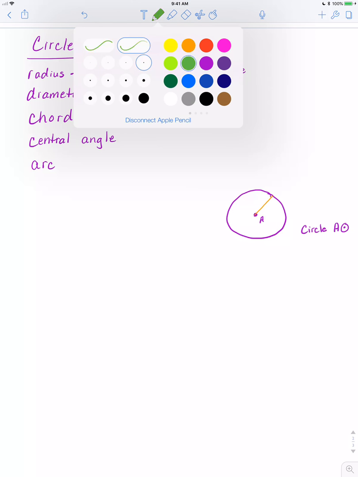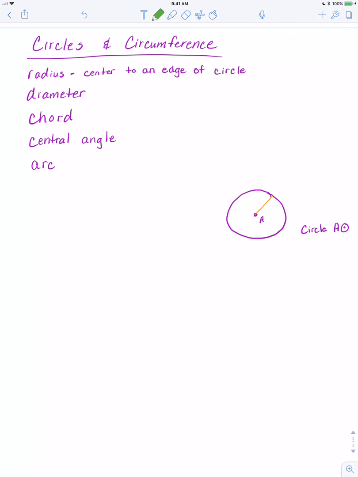Now, the diameter goes all the way across. It's also considered a chord, but it passes through the center of the circle, and it goes from one edge to another. So anything that goes from one edge to the other edge through the center is considered the diameter.